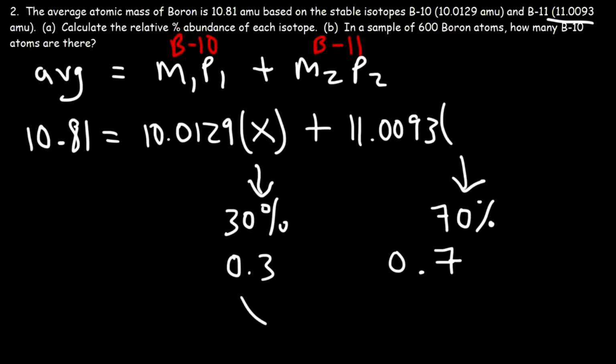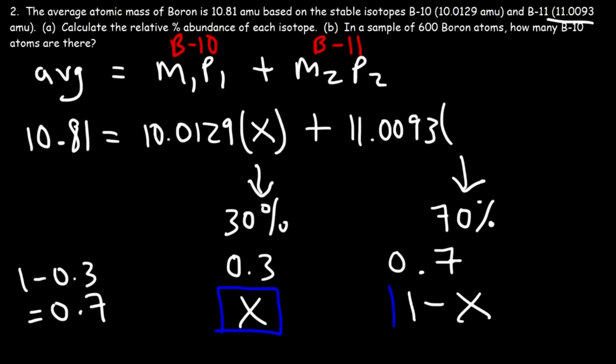So if 0.3 is x, we could say that 1 minus x is 0.7, because 1 minus 0.3 will give us 0.7. And that's what you need to understand when dealing with this problem. So if P1 is x, P2 has to be 1 minus x.